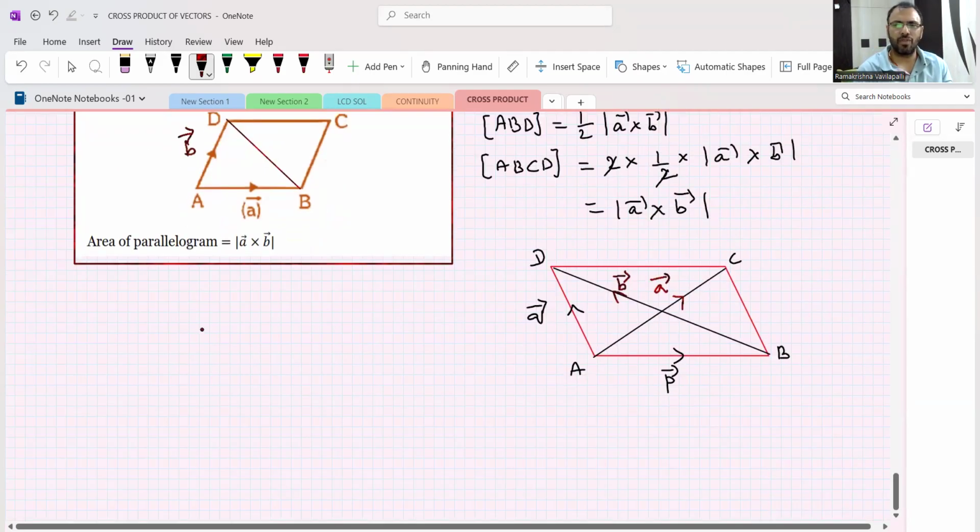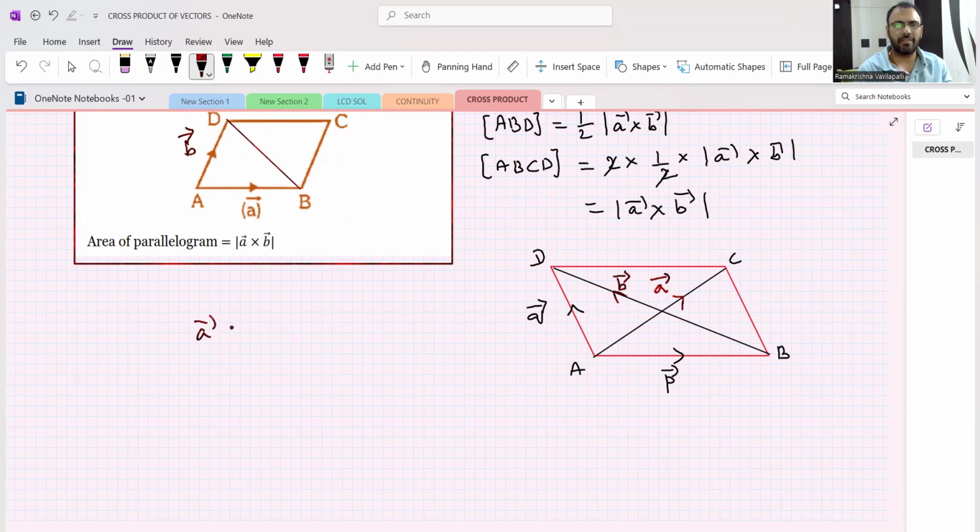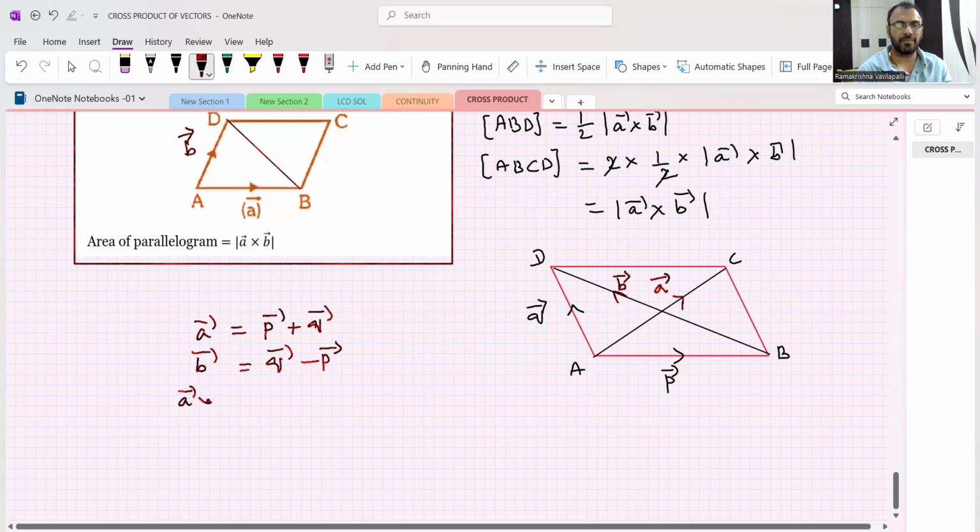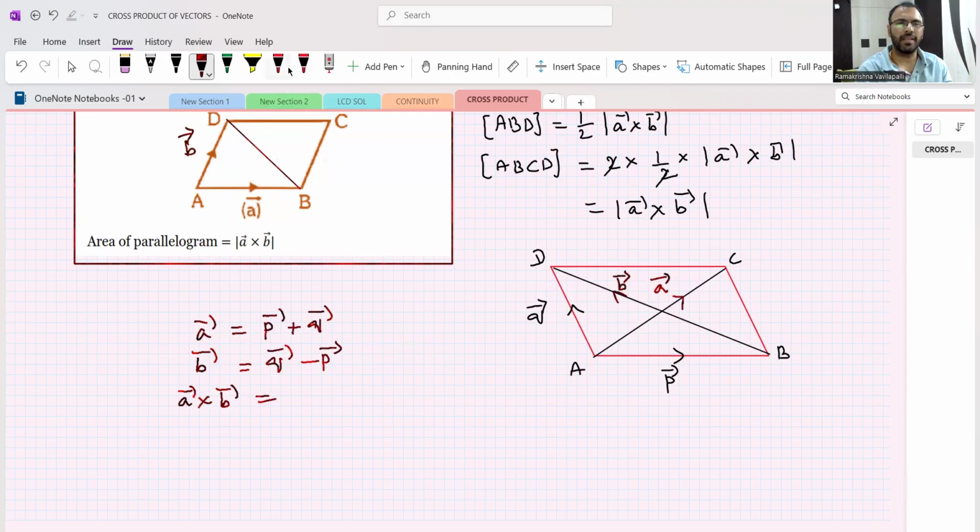Well, so what is A bar vector? A bar vector is nothing but P bar plus Q bar. And what is B bar vector? That is nothing but Q bar minus P bar. So, therefore, now you see what is A bar cross B bar. A bar cross B bar is equal to P plus Q cross Q minus P. Apply individually.